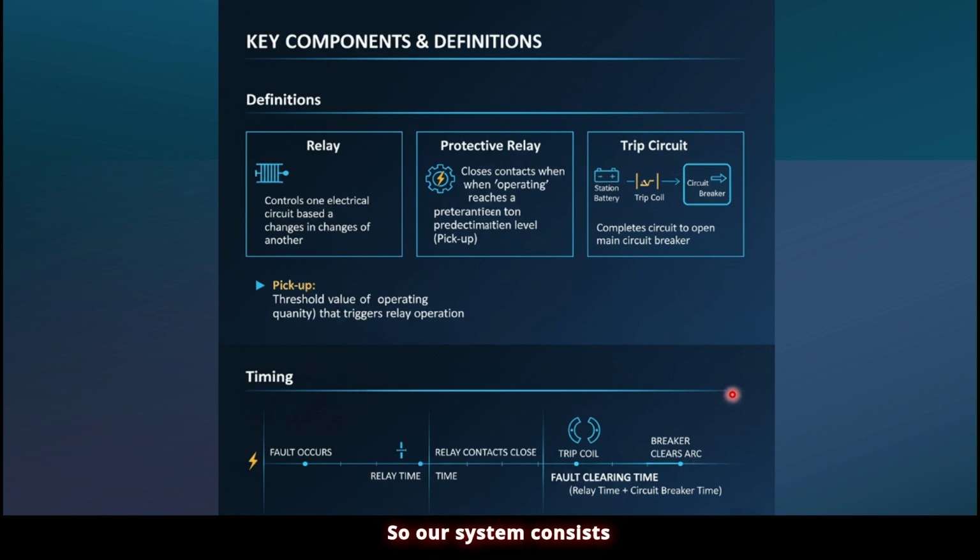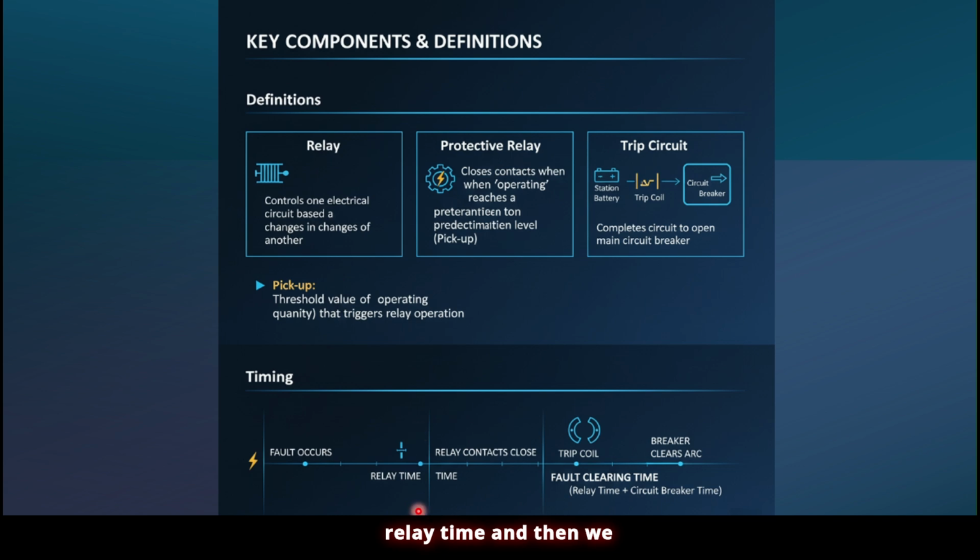So our system consists of this timeline presentation, as we have first the occurrence of the fault, then the time taken from detecting the fault occurrence until the response of the relay; this time is called relay time.